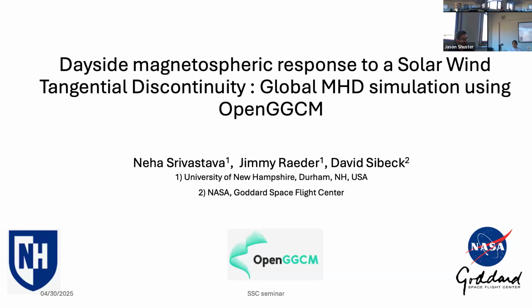The study of this initially started with understanding hot flow anomalies, but no one ever did MHD simulation. Everyone stuck with kinetic or hybrid simulation. So I don't think I have seen any MHD simulation so far for these sunward flows. That's a cool thing.